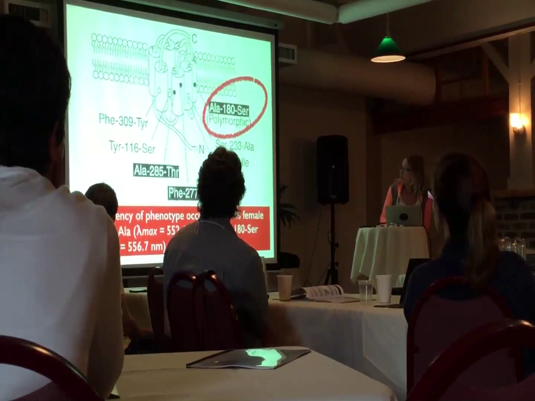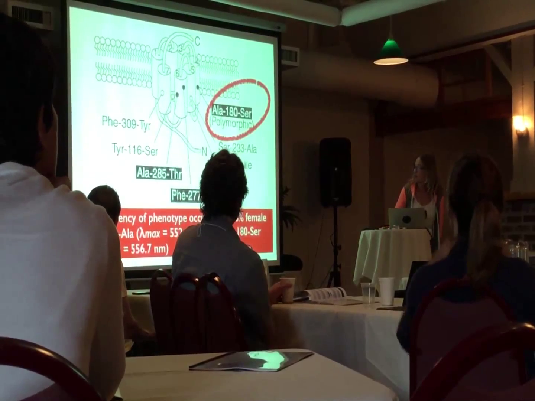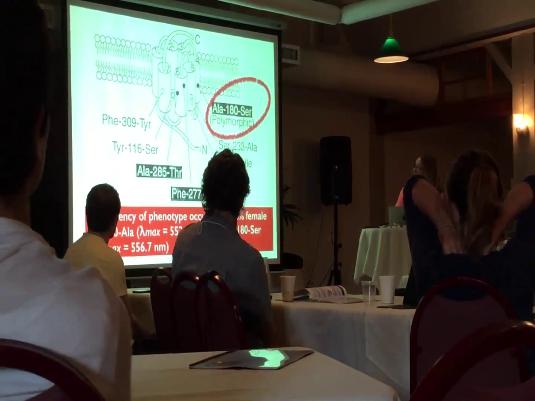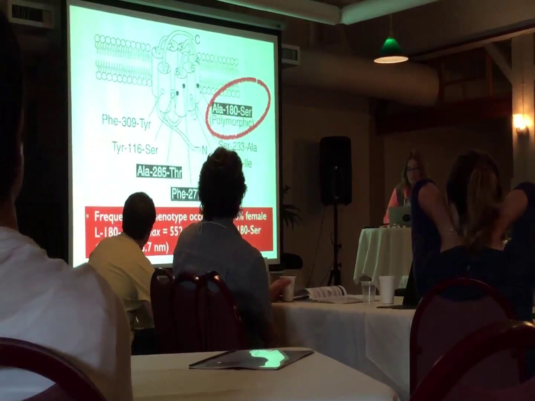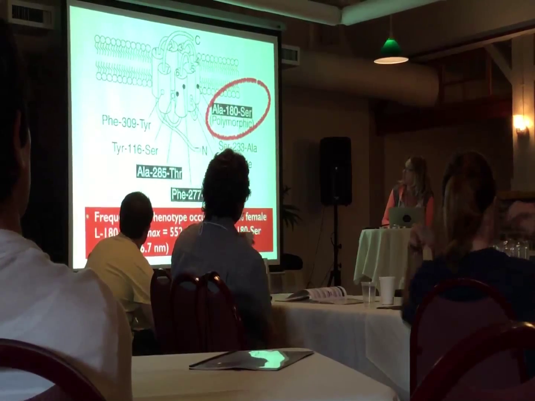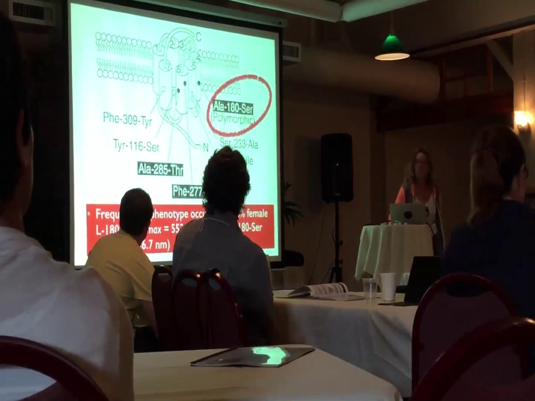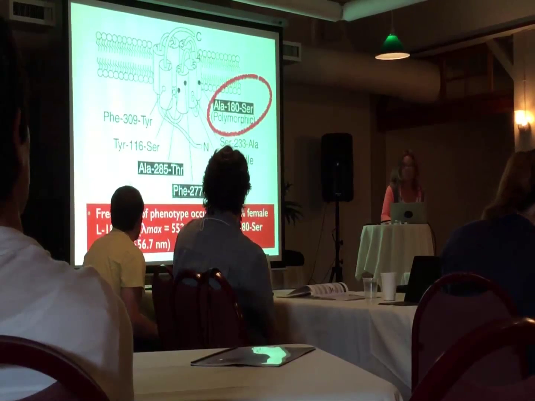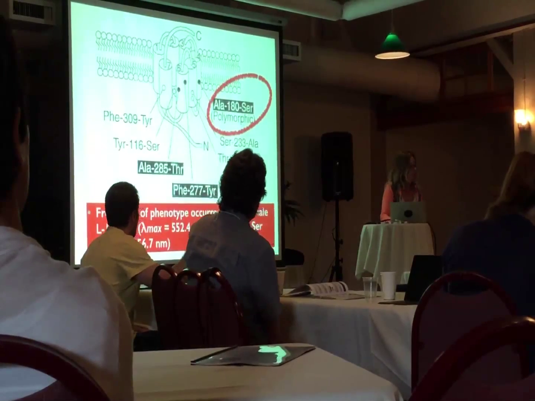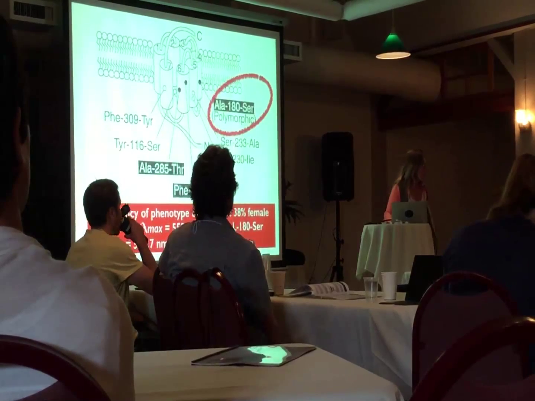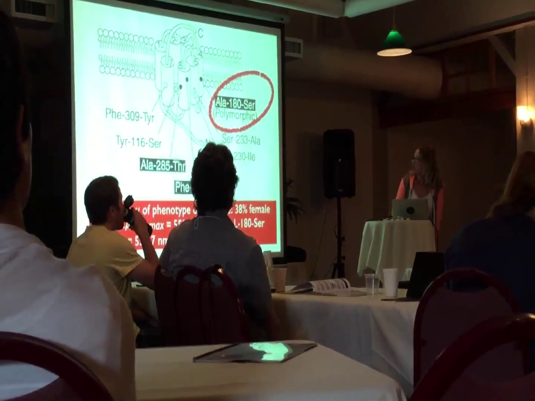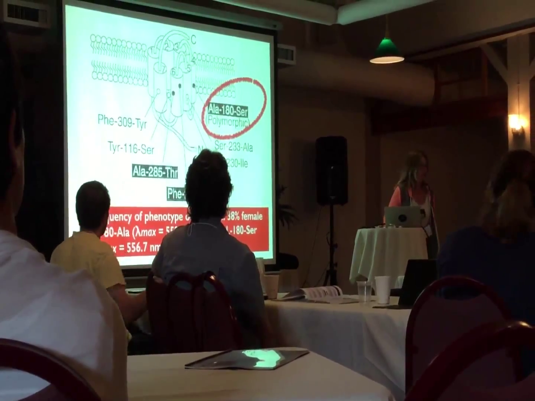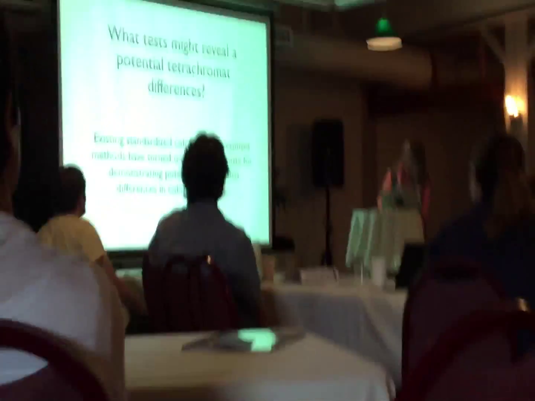A particular polymorphism that is very interesting for visual perception is this one polymorphism that exists at codon 180 of the M and L opsin genes. It is a single nucleotide polymorphism substitution. One protein shifts and you get a 5 nanometer shift in spectral frequency of the cone type, and that's pretty prevalent in the population.